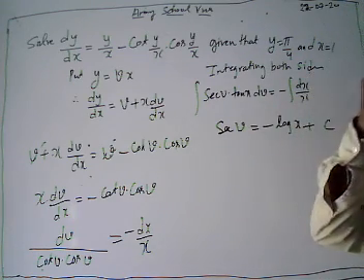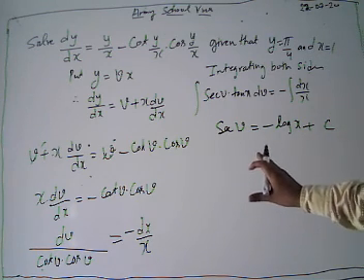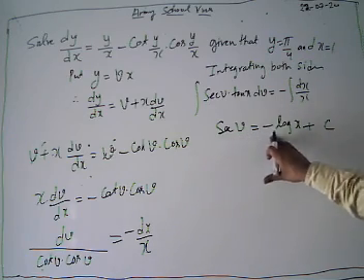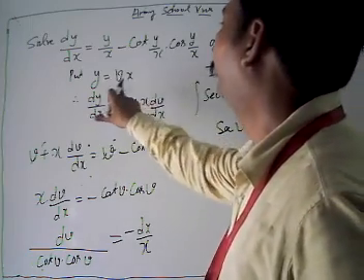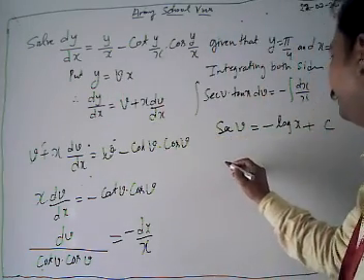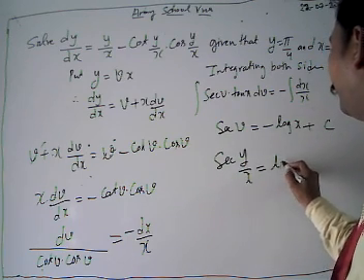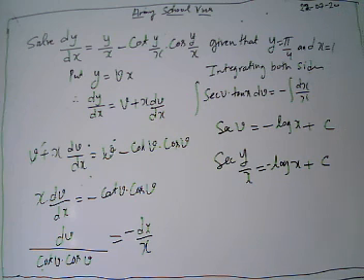So sec v equals minus log x plus c. Now in place of v, what do we have to put? We have to put y by x. Then sec y by x equals minus log x plus c.